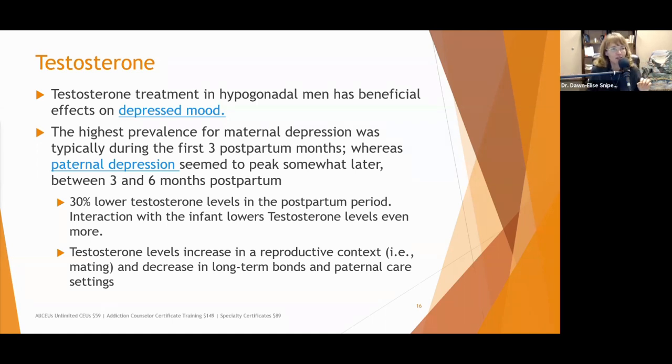Now, here's a little interesting thing. During the postpartum period, men's testosterone levels drop 30%. And if they are engaged with their infant, their testosterone levels drop even more. Why is this, we wonder? Well, there's a strong correlation between men developing postpartum depression and the birth mother also having postpartum depression.